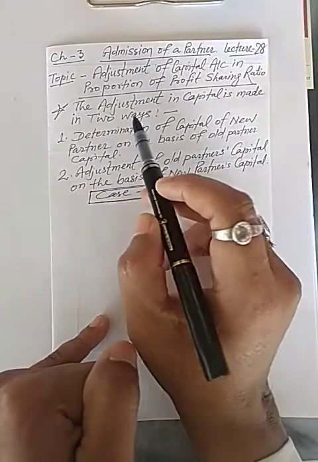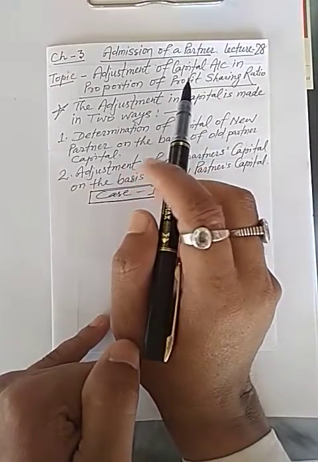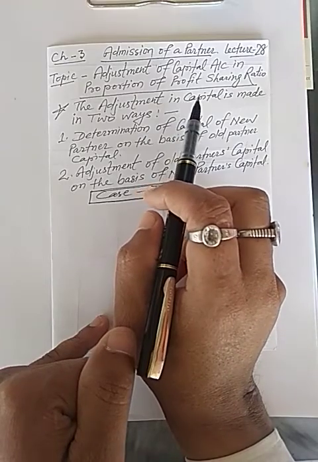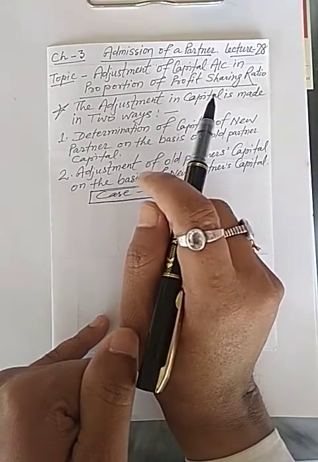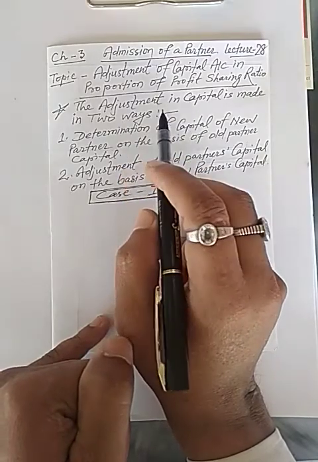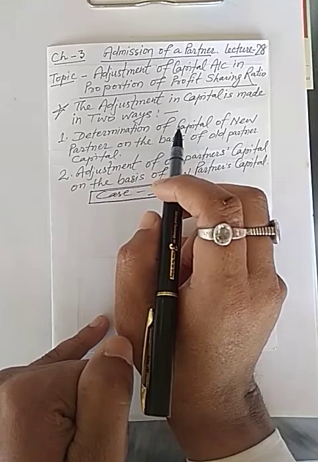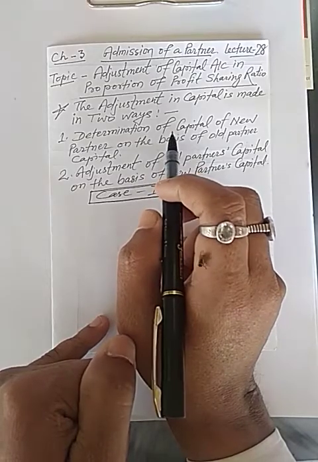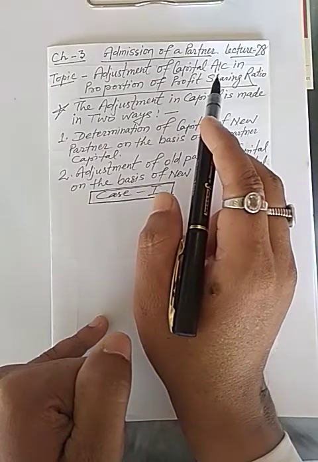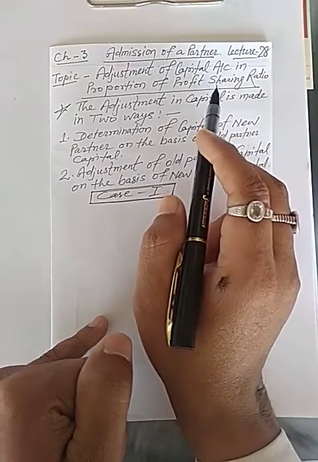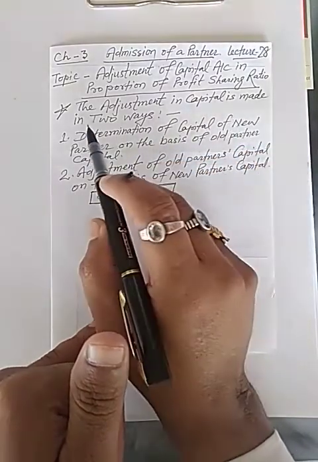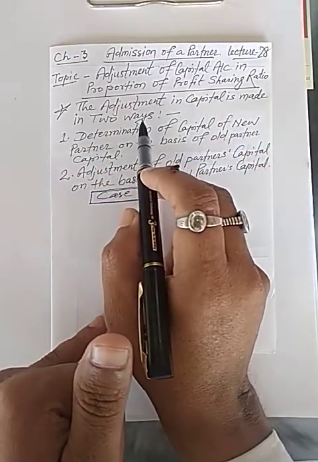Sometimes partners decided at the time of including a new partner that their capital should also be adjusted in their profit sharing ratio. Therefore, the adjustment in capital is made in two ways.